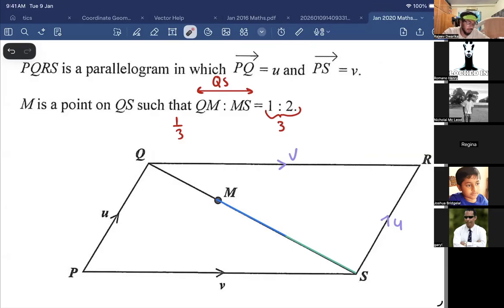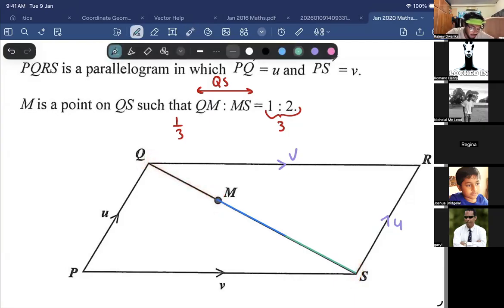Right. So this is the entire QS, right? If we are talking about QS, then that would be what fraction of QS? A third of QS. Yes, you're correct.